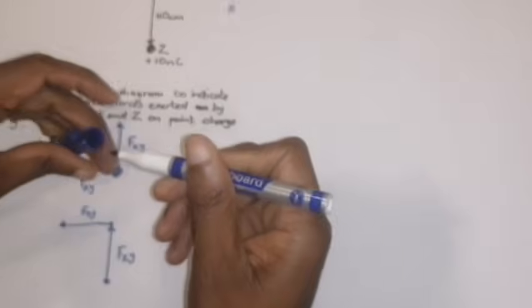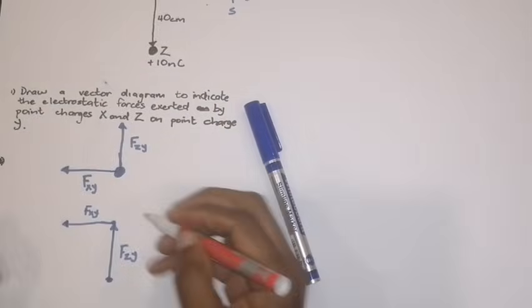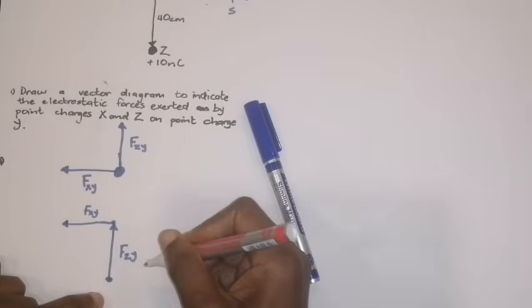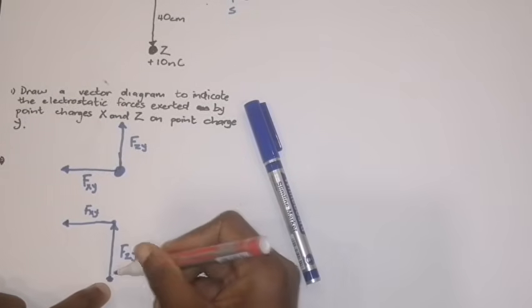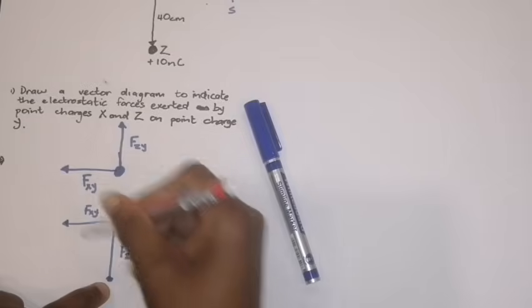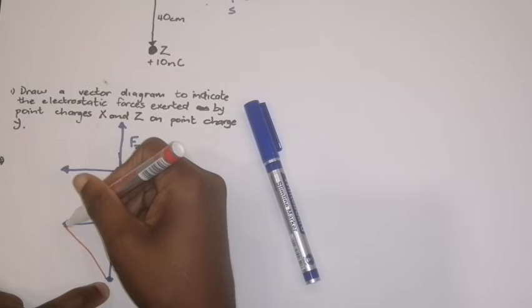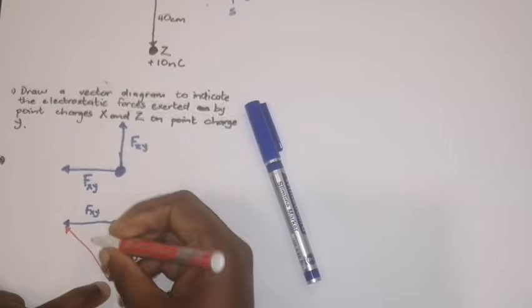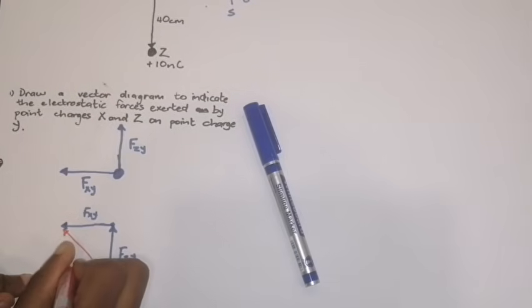Now to draw the net force, I'm just going to use a different color so that you can see it there. To draw the net force, I'm going to start at the tail of this one. So you can tell this force and this one put together give you a net force in that direction. So that is the direction of our net force.